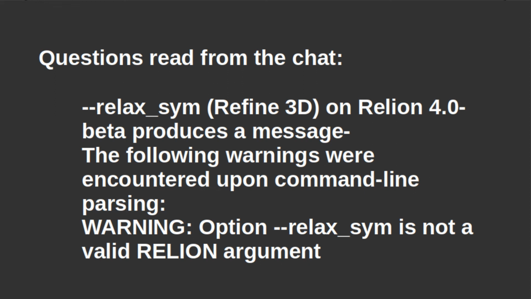I'm not entirely sure, I'd have to check what the current status is, but there was a problem with certain point group symmetries not working well. But it sounds like the not a valid Relion argument message is probably a little bug. I'll have to look into it.